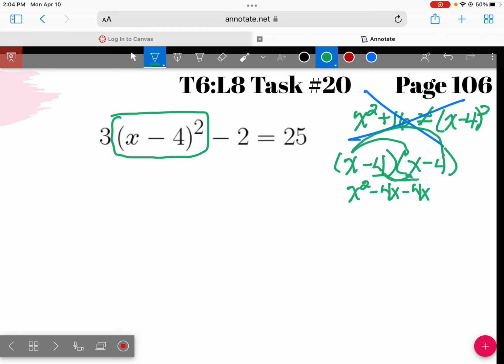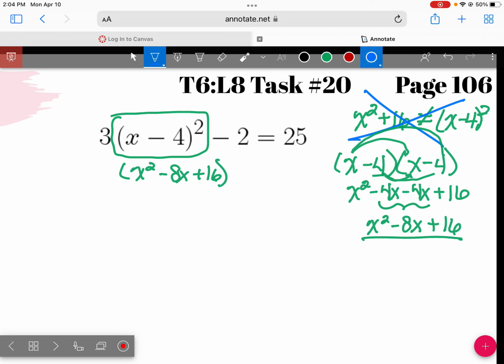And then last times last is 16. You're going to combine these two and get x squared minus 8x plus 16. That is going to go in place of this, x squared minus 8x plus 16.